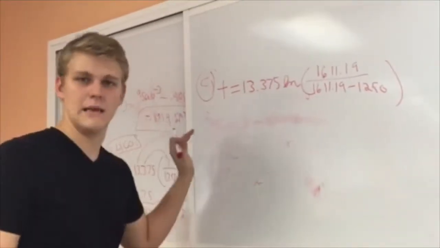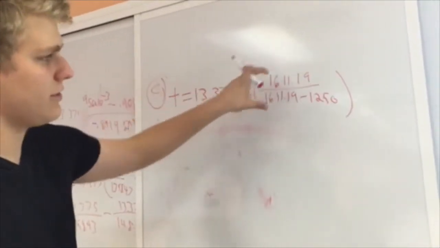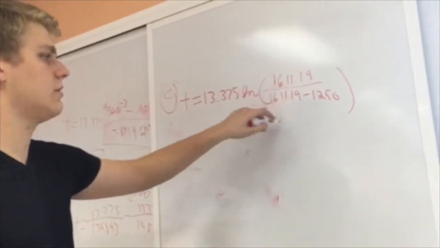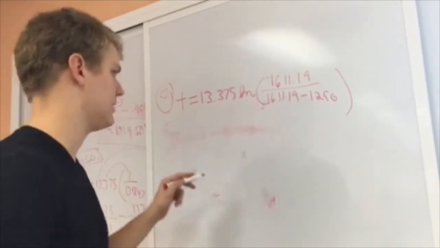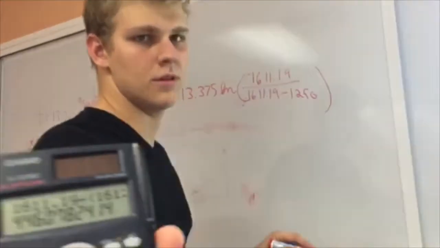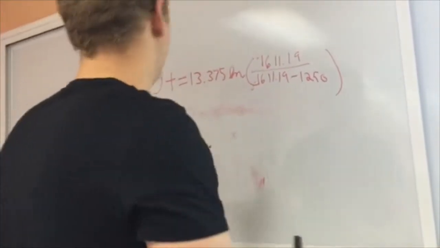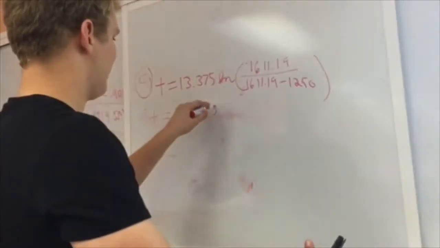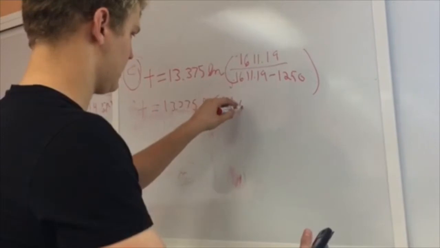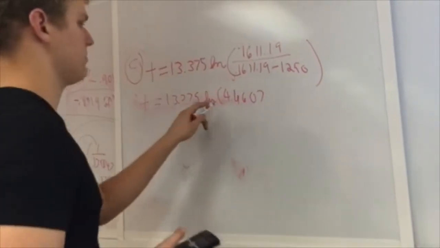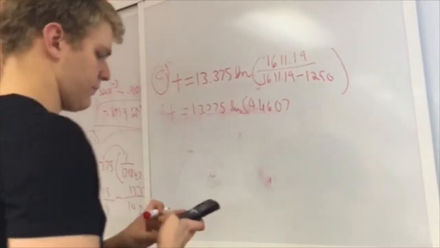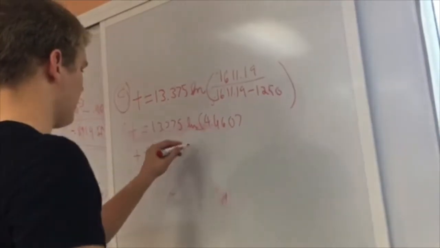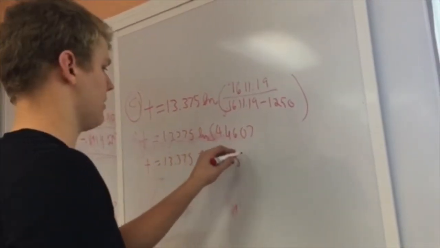For problem C, we're going to do exactly the same thing we did in problem B, just replace the x with 1611.19 in the x parts. After you do this subtraction, you divide, which is going to give you 4.460. You're going to do t equals 13.375 natural logarithm of 4.4607, which is 13.375 times 1.4953.